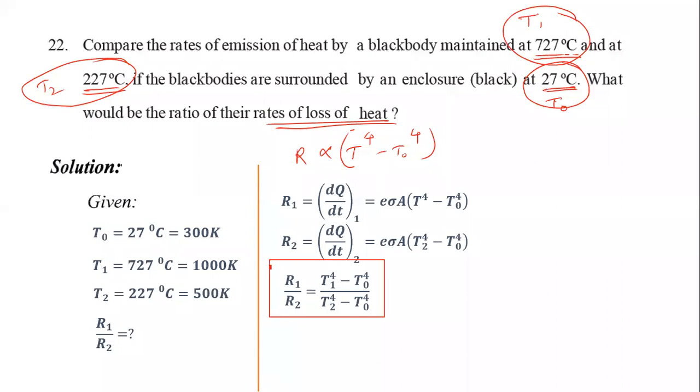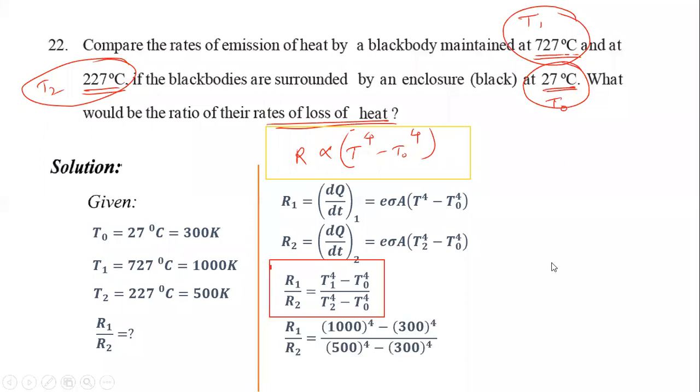Now you can do one thing, substitute the values and try for the calculation. Pay attention here. As we substitute the values, we get the next step: 1000 raised to 4 minus 300 raised to 4 divided by 500 raised to 4 minus 300 raised to 4.